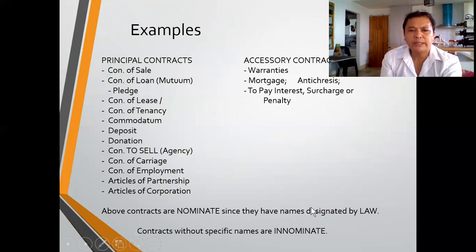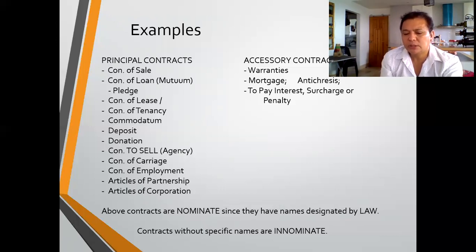So there are different kinds of contracts, principal and accessory. These are the different principal contracts: contract of sale, loan, pledge, lease, tenancy, commodatum, mutuum, then deposit, donation, contract to sell, contract of carriage, employment, articles of partnership and corporation.